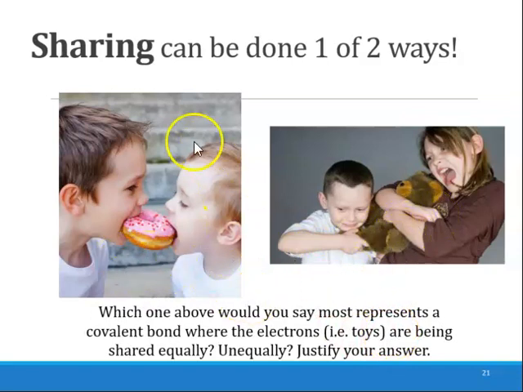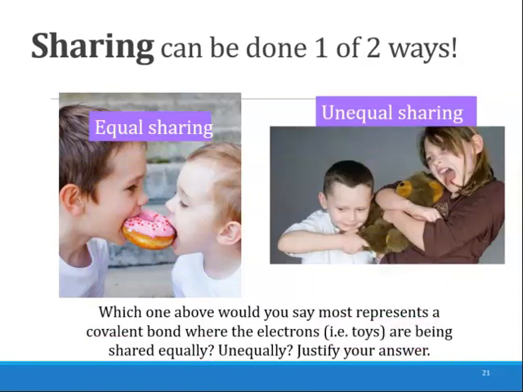So we could say that this first picture represents an equal sharing of electrons, and this an unequal sharing of electrons. So equal sharing, unequal sharing.